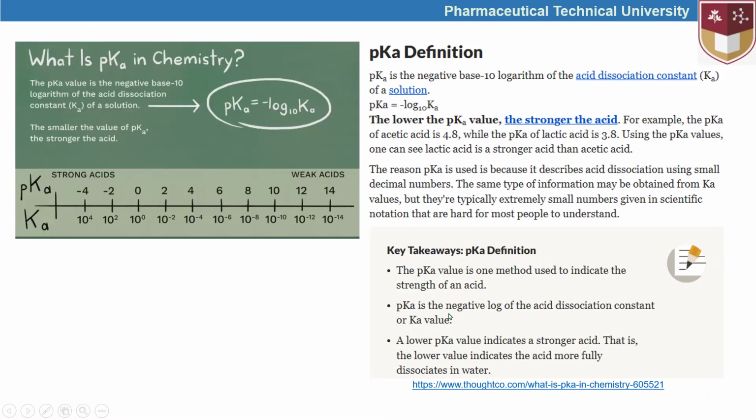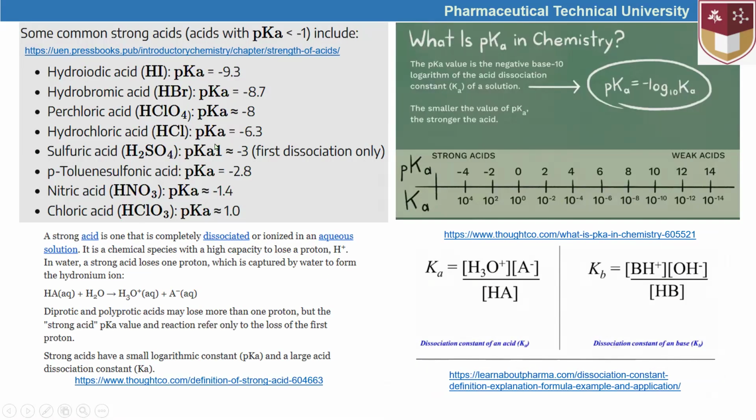The pKa is the negative logarithm of the acid dissociation constant, and a lower pKa value indicates a strong acid. That is, the lower value indicates the acid more fully dissociates in water. Here we can see some more examples.